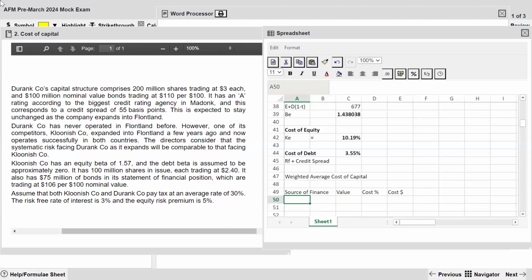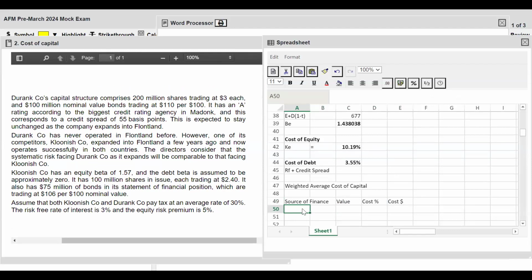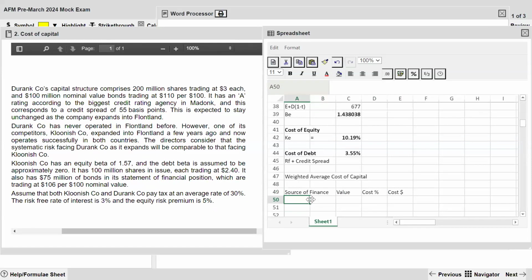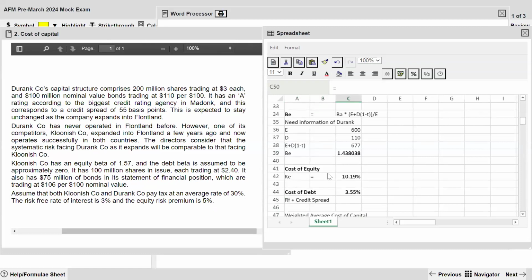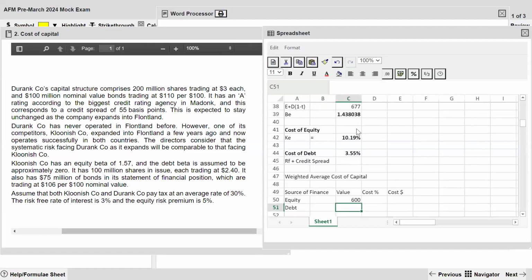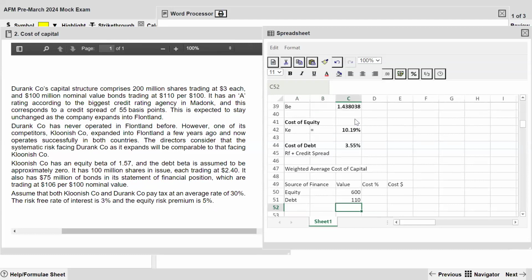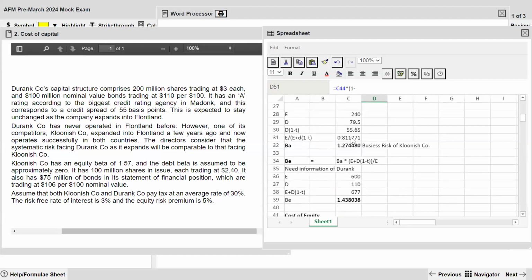So the source of finance is going to be equity, and the source of finance is going to be debt. For the equity, we have a value which is 600. For the debt, we have a value which is 110. For the cost of equity, we have got 10.19. But for the cost of debt, it actually has to be this multiplied by 1 minus t.